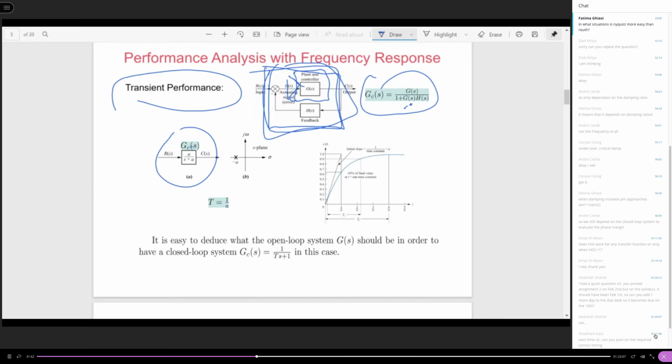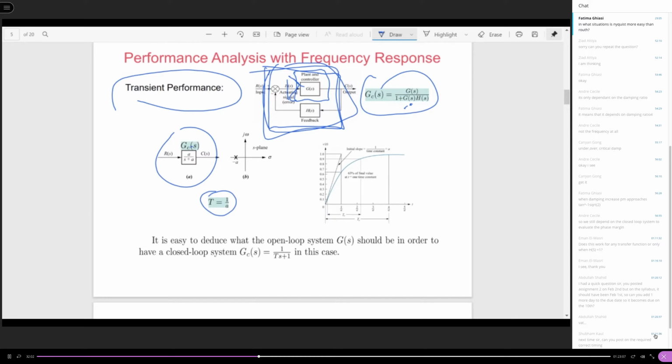Now for the first order system, the performance is actually very easy to characterize. You only need to know the time constant, which is equal to 1 over the closed loop pole. You see the pole of this transfer function, right?